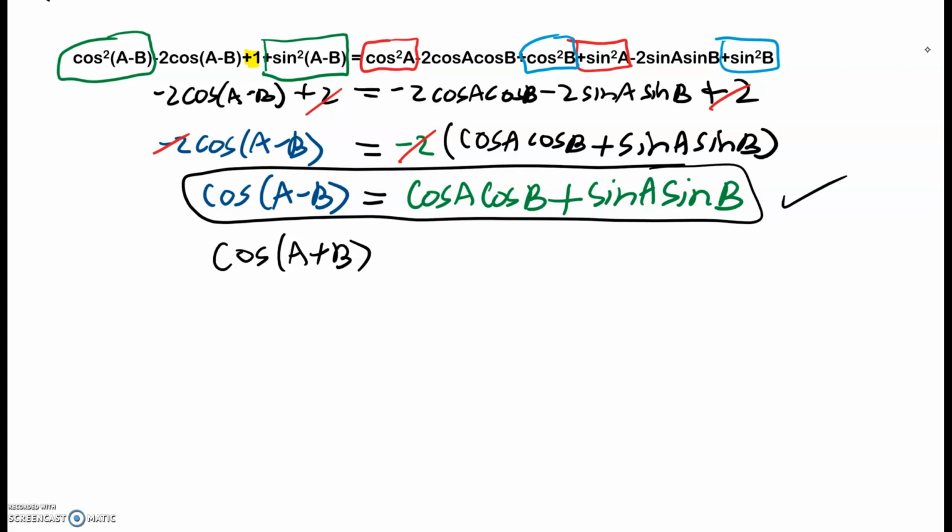Well, if you think about it, that's actually the same thing as the cosine of A minus a negative B. Those would be the same thing.